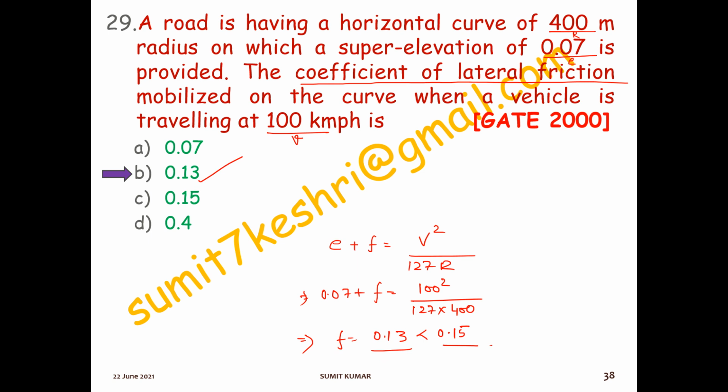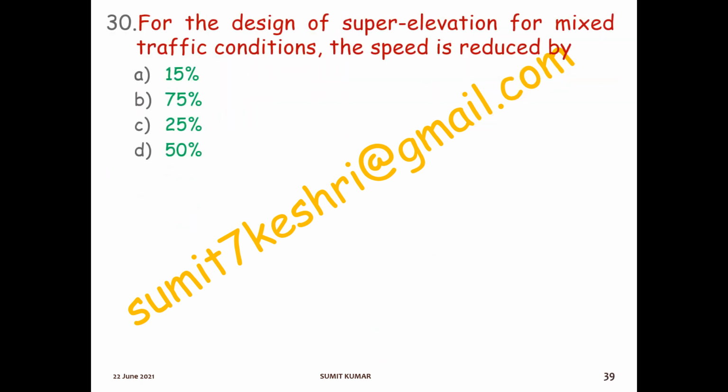Now read it. For the design of super elevation for mixed traffic condition, the speed is reduced by how much? The options are 15%, 75%, 25%, 50%.